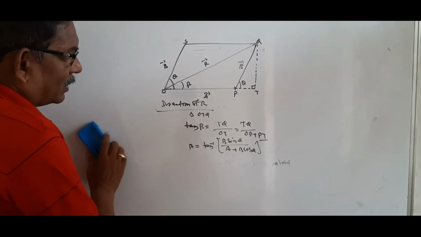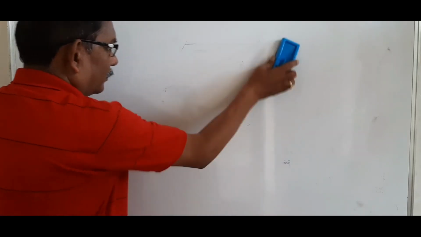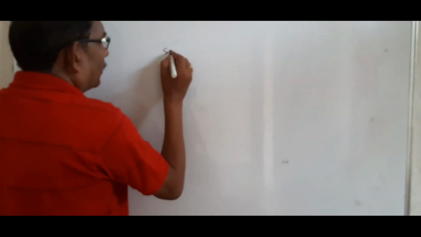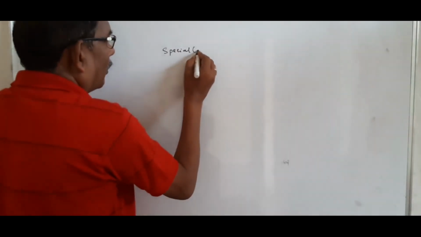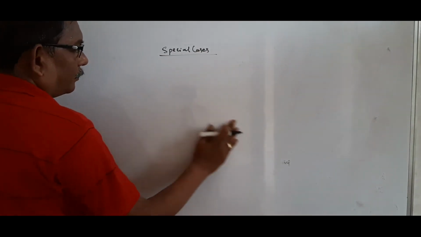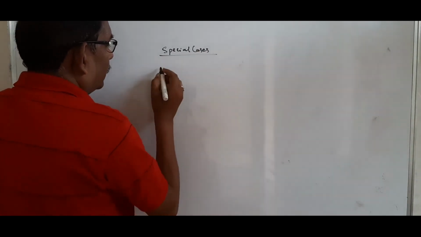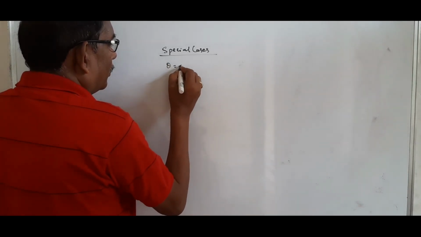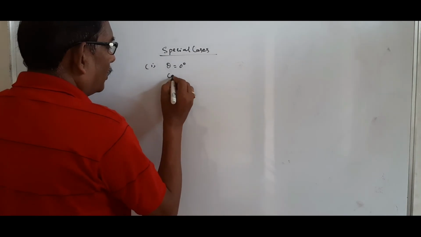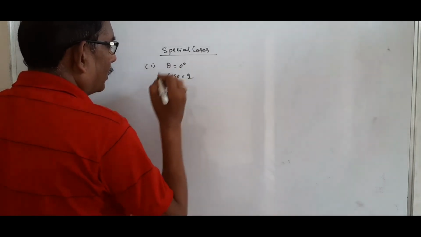Now come to special cases. When theta is equal to 0 degree, then cos 0 is 1.